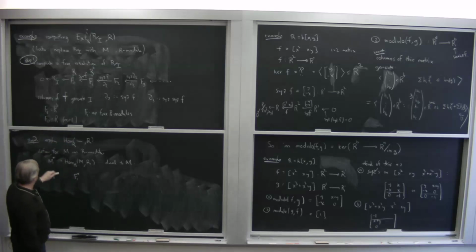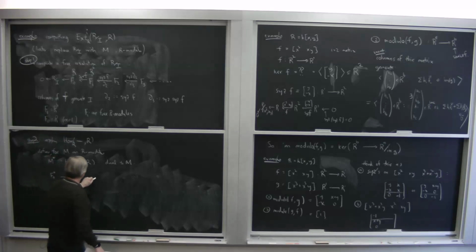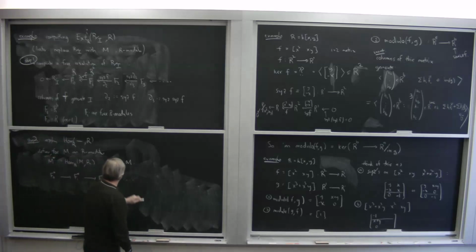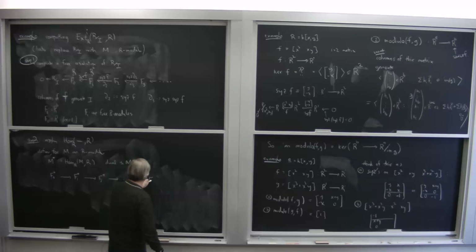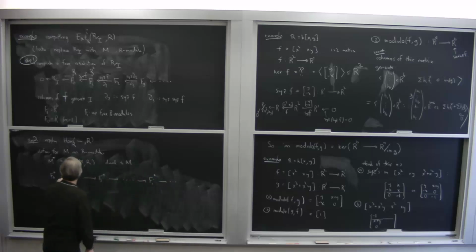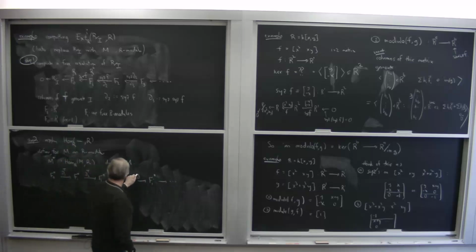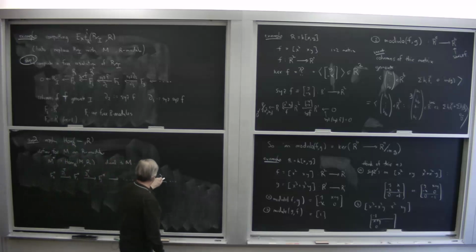First of all, those are going this way, but these are now going this way. So F2 star, and it keeps going. Let's go to Fi star and keep going. Okay. What are these maps? This is delta 1 transpose. This is delta 2 transpose, and so on. This is delta i transpose and delta i plus 1. Okay, now let's make sure I have that right.